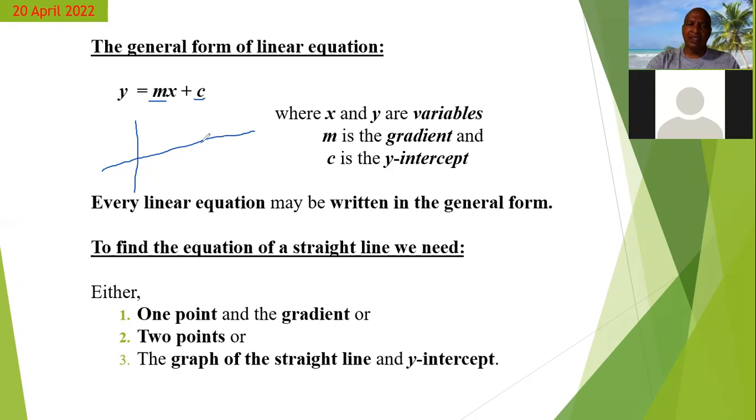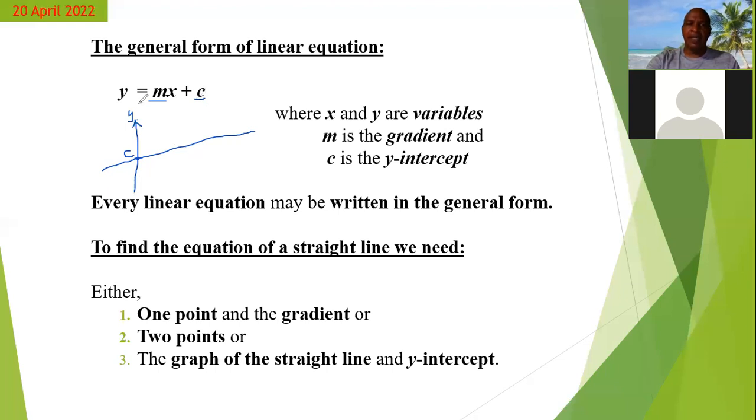The y-intercept is simply where the line cuts the y-axis. Wherever the line cuts the y-axis, you read that value at that point, and that is what we call the y-intercept. So if at this point the y value is 3, then C would be 3.